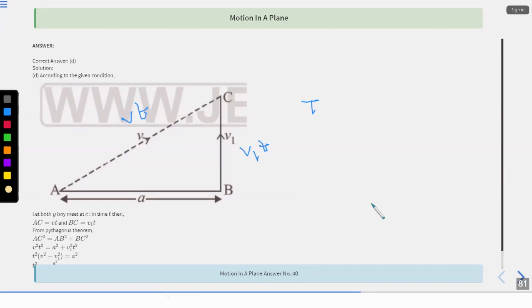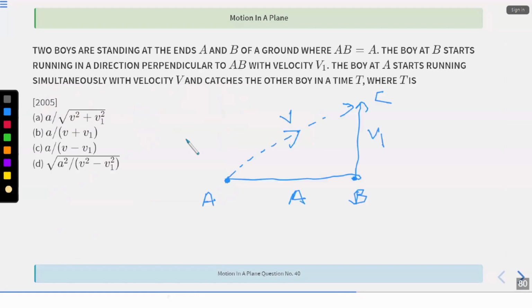Now just calculate it. We know this is the hypotenuse. Apply Pythagoras theorem and then finally you'll get T is equal to root of A by V square minus V1 square.